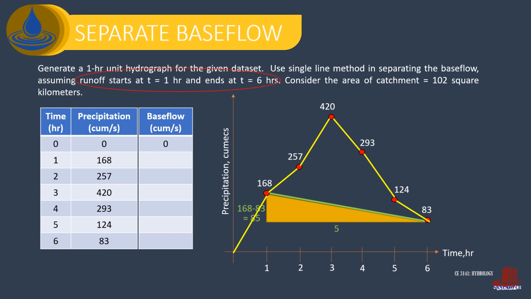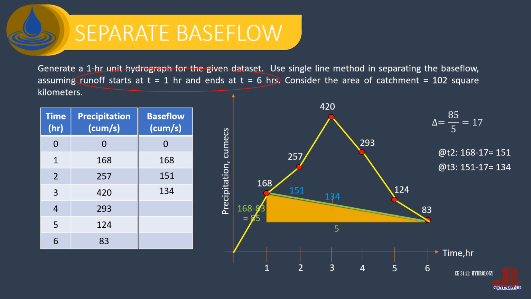From the table, T1 has a precipitation fully as base flow of 168. Now, the change of height or delta is then taken as 17 cumecs per hour. So at T2, we take 168, then subtract 17 to have 151.